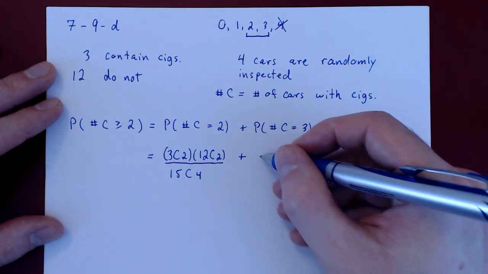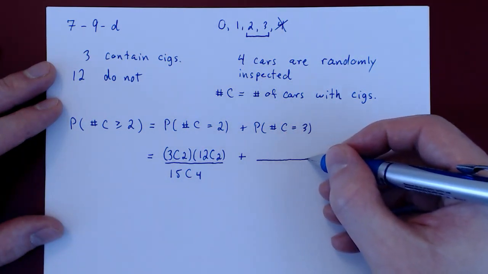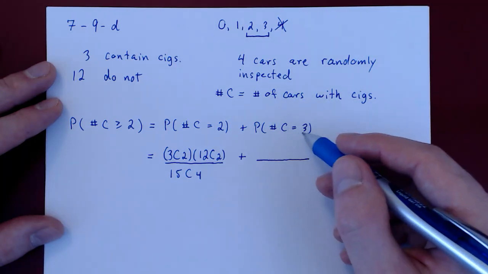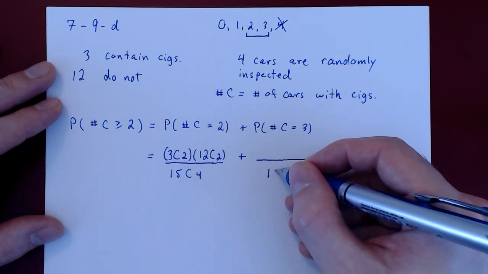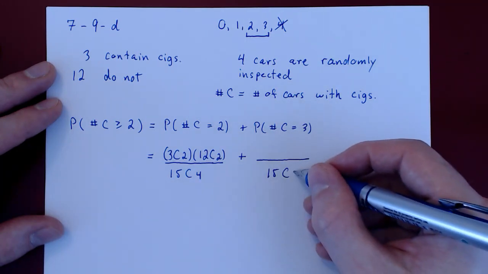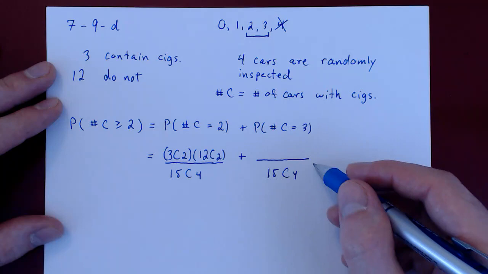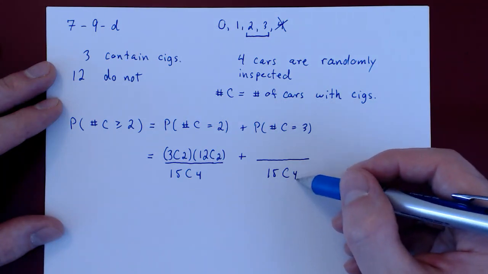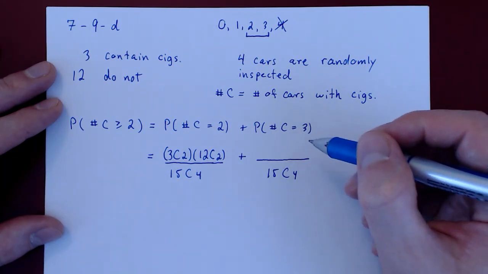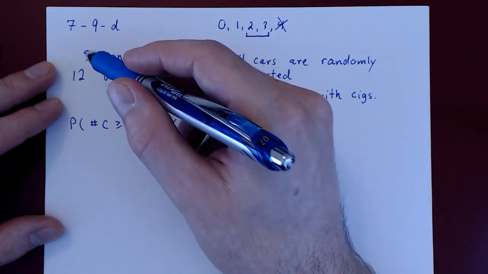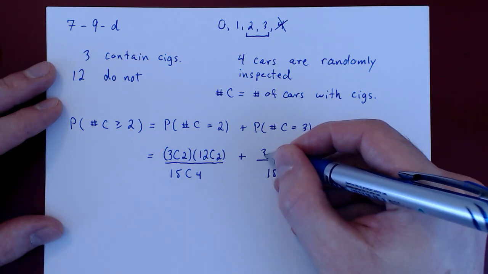Or, plus, same thing, when the number of cars with cigarettes is 3, the total hasn't changed. There are still 15 cars in total, choosing 4. Total number of possible selections of 4 cars out of the 15 available. But now 3 cars contain cigarettes, so out of the 3 that do, we choose all 3.